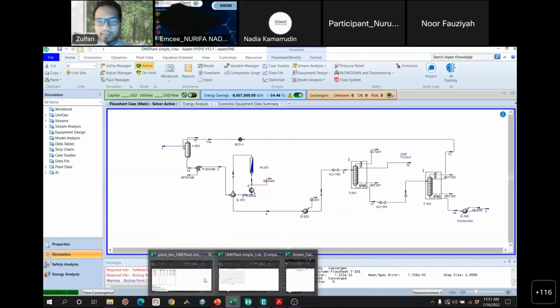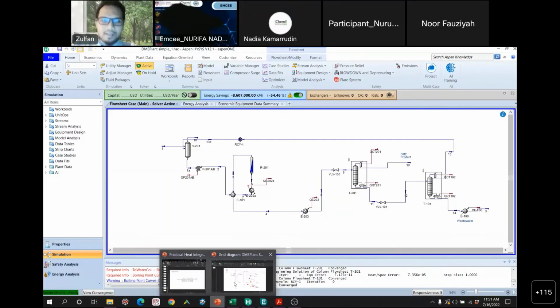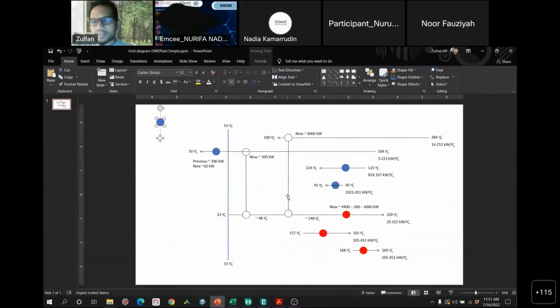So with these examples, we have reduced, well, theoretically. Once you know the targets, you know how much you can reduce, and then you go to this diagram and do your magic, to see how much you can reduce. In this case, we can reduce almost 4 megawatts, or 4.4 megawatts, theoretically, using the assumption of constant MCP.